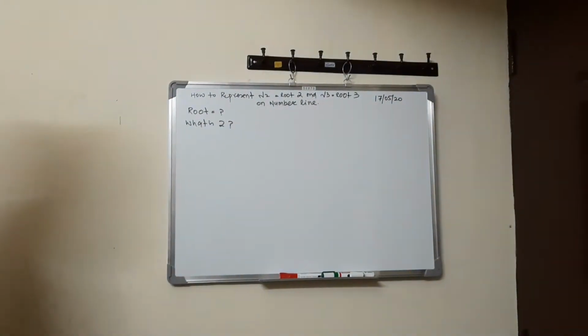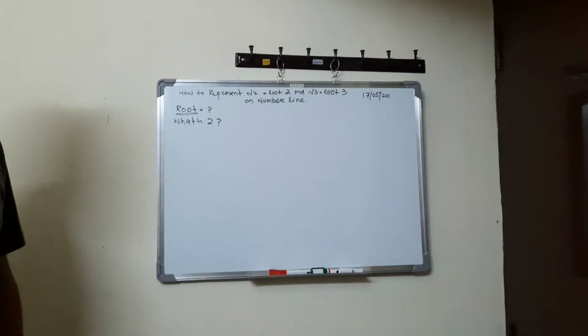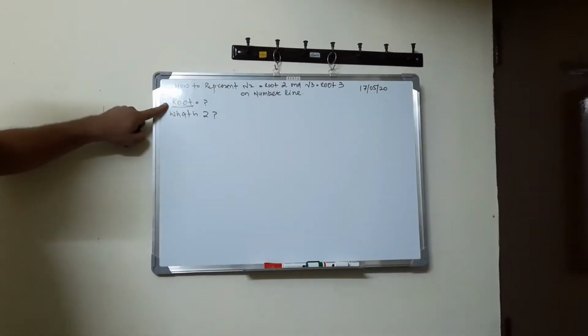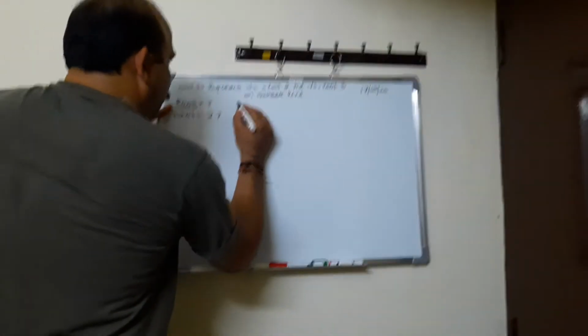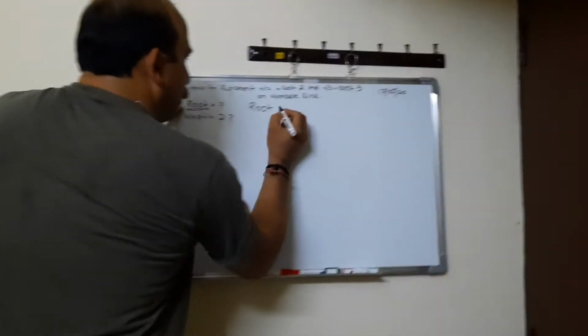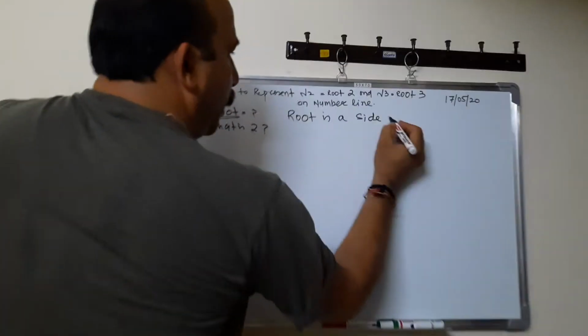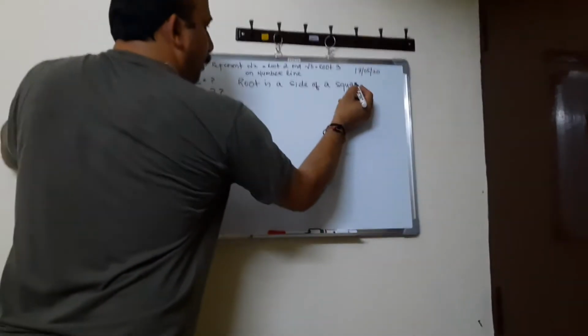Okay? So to start, root is a side of a square.